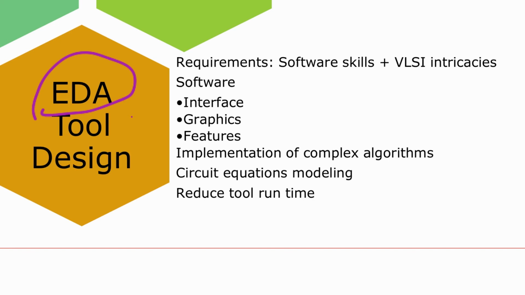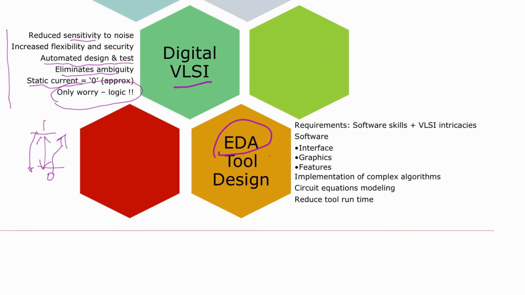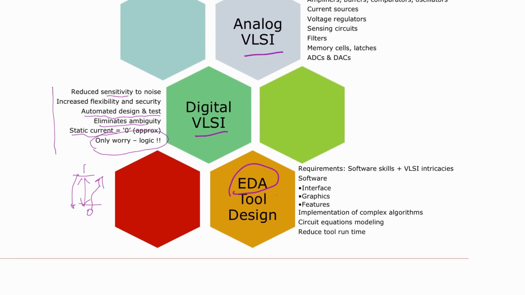Or can we do batch processing, parallel processing? How do we come up with faster results or different levels of results? Do we give all the output at once, or do we give the important ones first, then expand to other finer details? So things like that. So this is another area of job that is available for freshers.